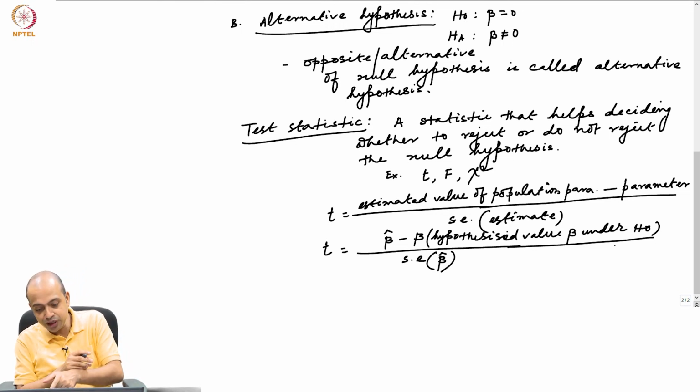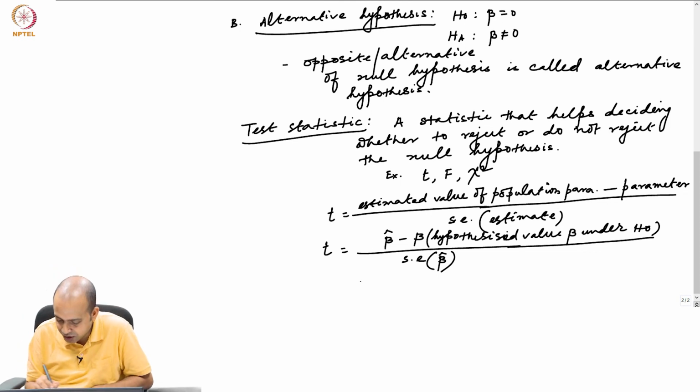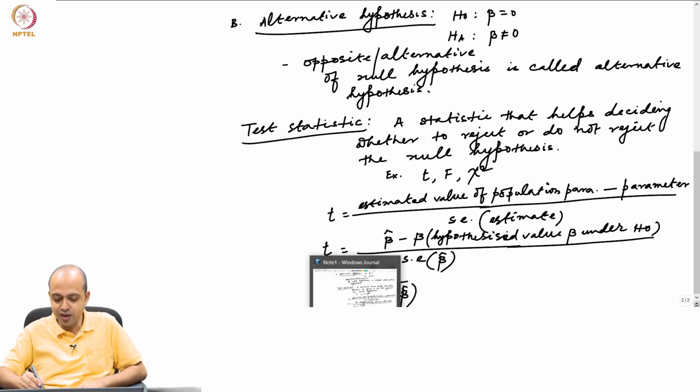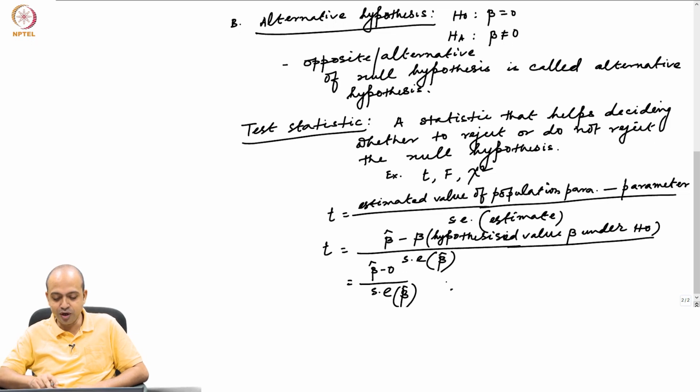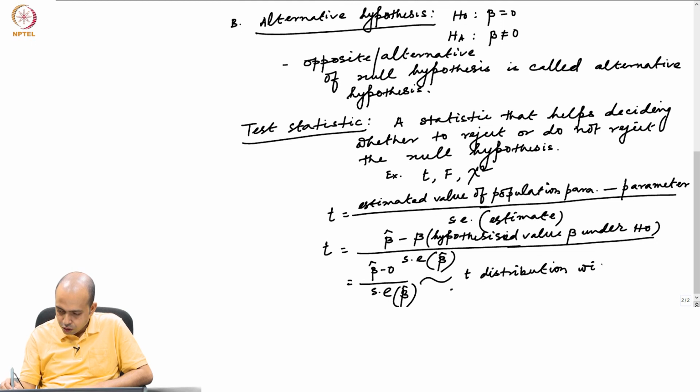That is why, in place of beta, we use the hypothesized value of beta under the null. And what is the hypothesized value of beta under the null? That is 0. That is why the t statistic is defined as simply beta hat minus 0 divided by standard error of beta hat, or simply beta hat divided by standard error of beta hat, and this follows a t distribution with n minus 2 degrees of freedom.